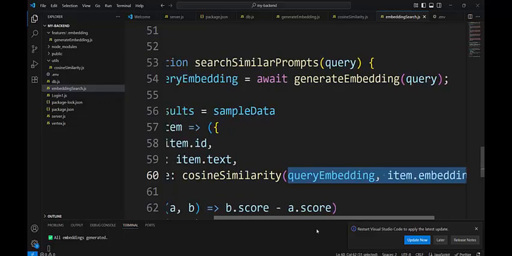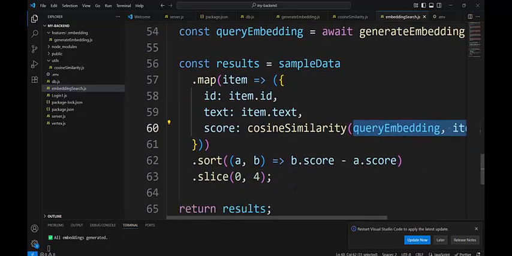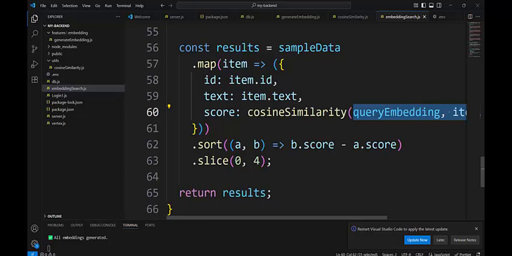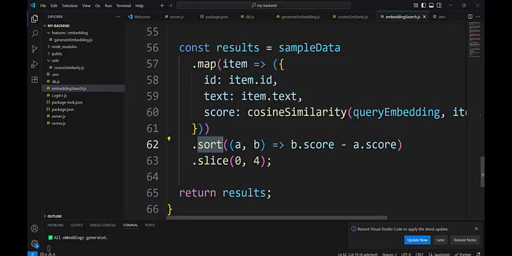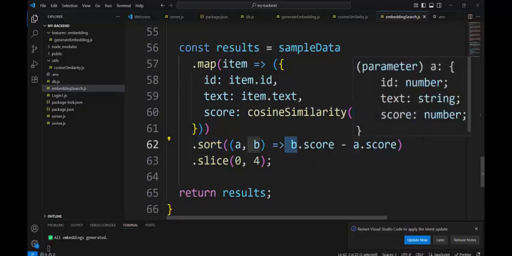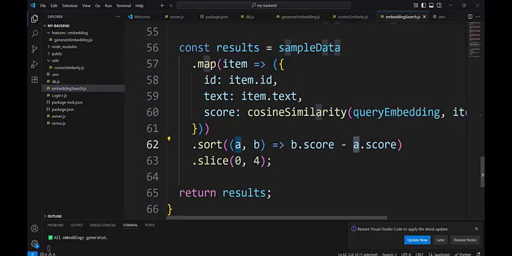What will be compared? What will be sorted by? It will be sorted from the biggest to the lowest, from the biggest number to the lowest number, and return the result.